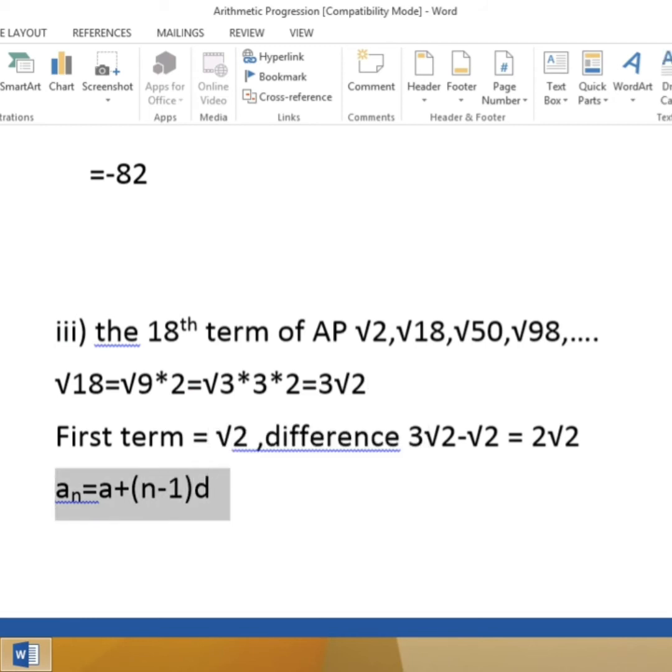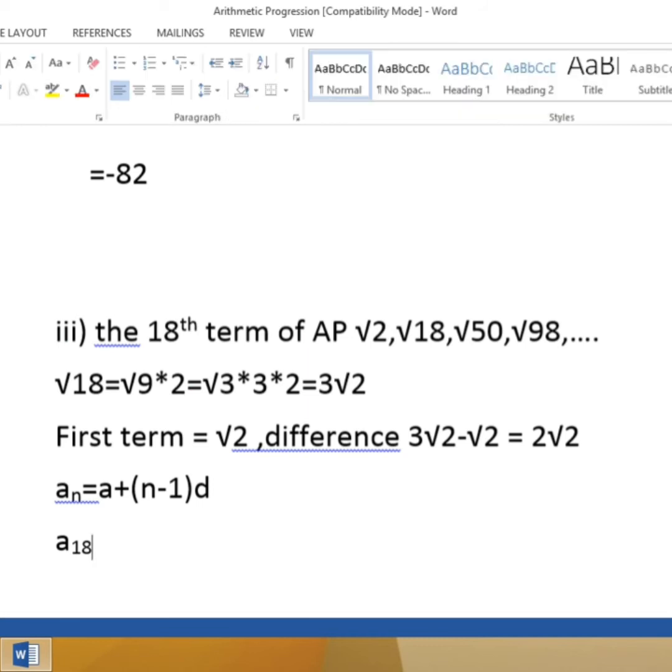So we know the arithmetic progression formula here. And we are going to find the 18th term. a18 is equal to the first term, square root of 2, plus n minus 1, that's 18th term so 18 minus 1, and the difference is 2 square root of 2.